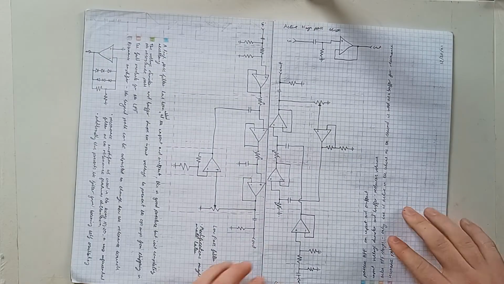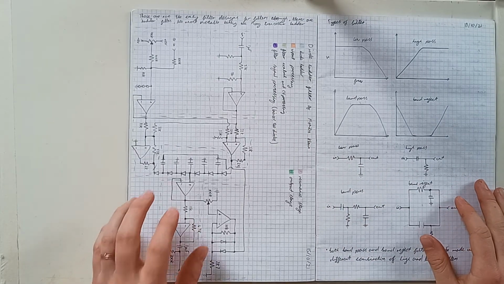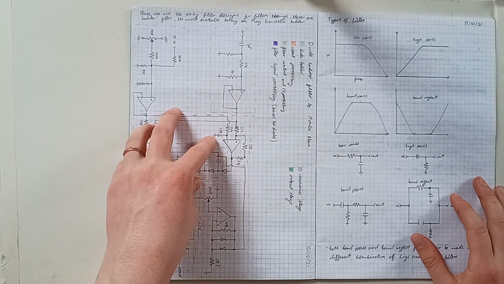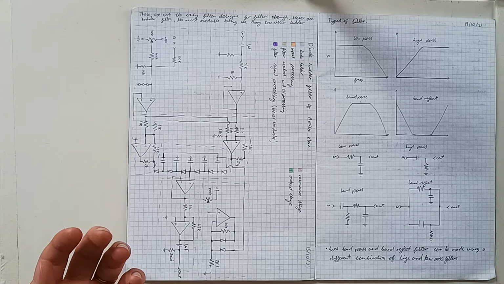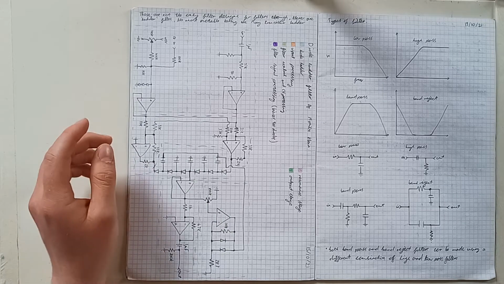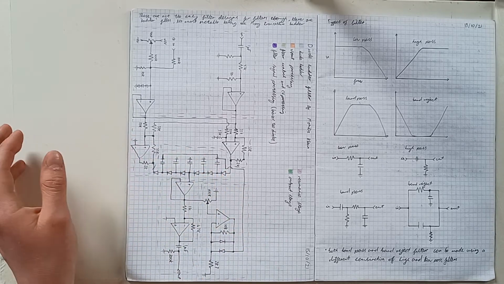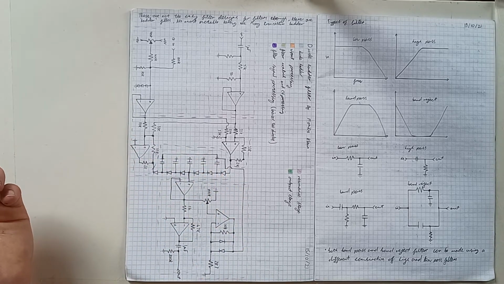But this brings me back to the diode ladder here, because this uses something called control voltage, or CV for short. And CV is used massively across mainly analog synthesizers.